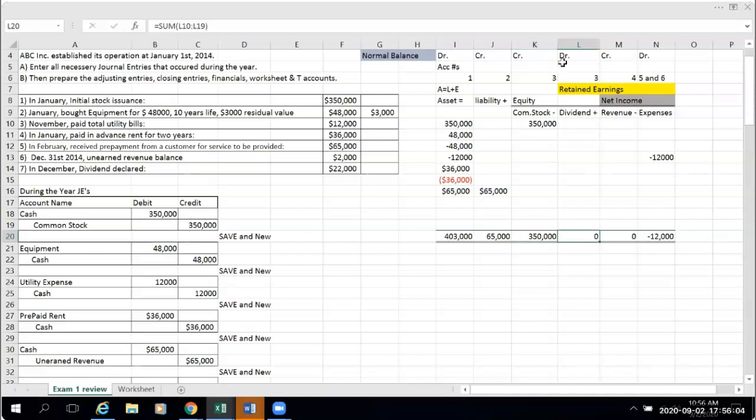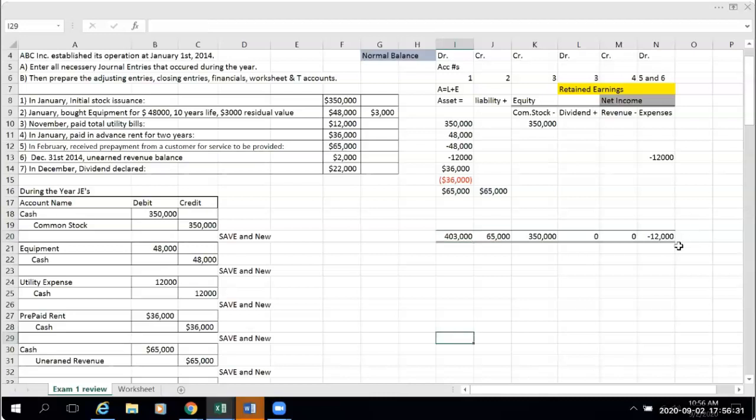For that box, L. See L. For this box, M. So I'm just saying, do the same thing, but change the column and Excel will follow. So that small square over here, we call it the fill handle. Just grab it with your mouse and take it to the right.